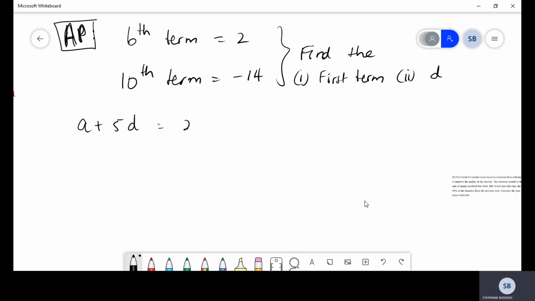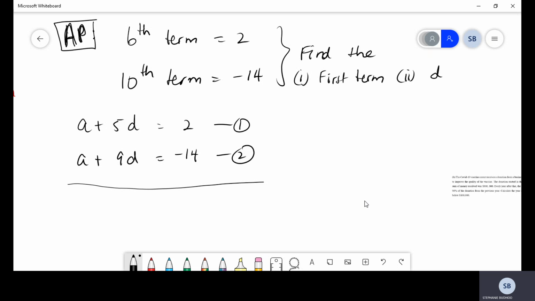And that has a value of 2. Secondly, the 10th term will be given by a plus 9d. And in this question, it has a value of negative 14. So we can create two simultaneous equations here, and we can solve them. You can use the elimination method here. That may be the easiest one to go with because of that common difference eliminating the a's.